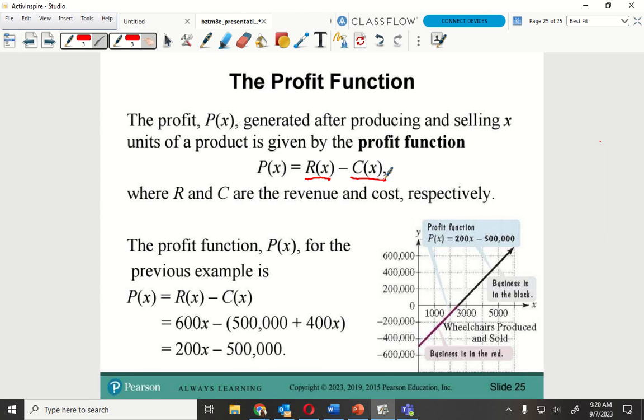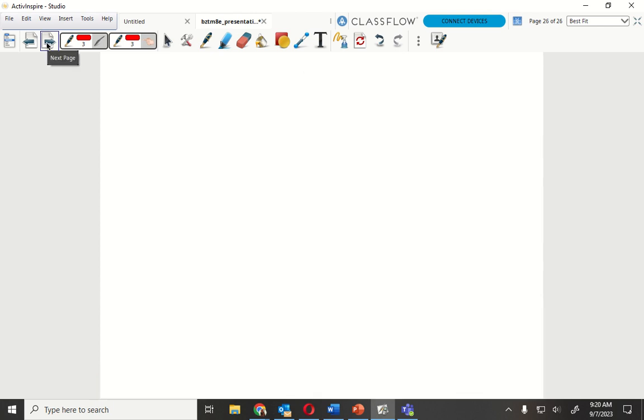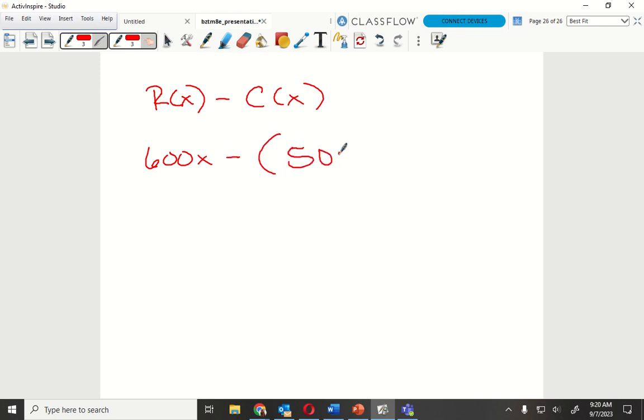So inside this one, I don't like the way that they wrote this out. We're going to do it by hand. If I do it by hand, I'm going to show you for this, it is my revenue minus cost, so it's R of X minus C of X. My R of X was here, my revenue was 600X, minus my cost function, which was 500,000 plus 400X.